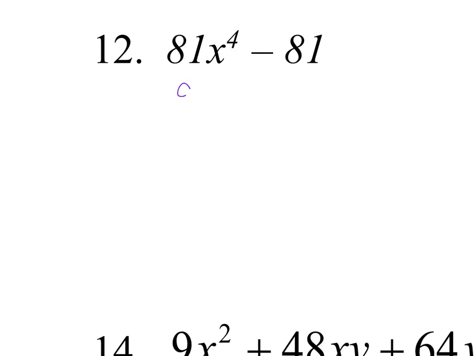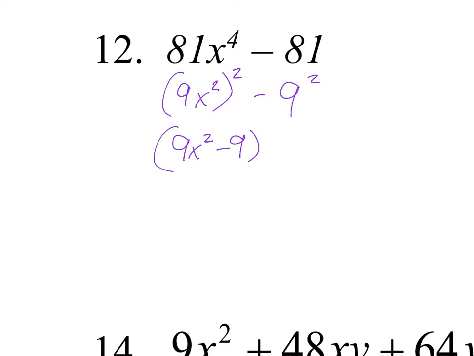So this becomes 9x squared minus 9 squared. So I have a difference of squares. 9x squared minus 9 and 9x squared plus 9. And that's my final answer.